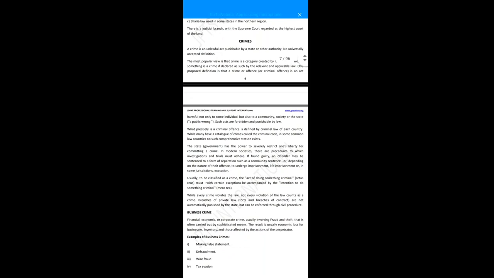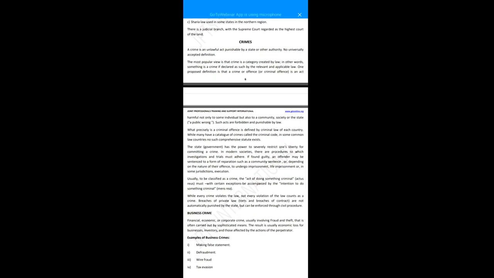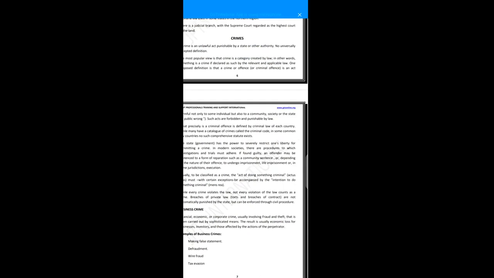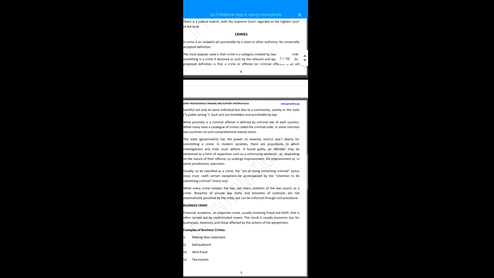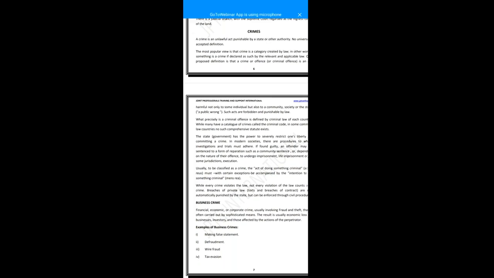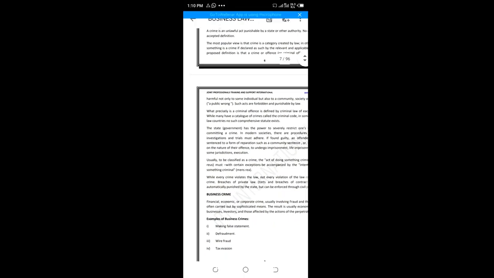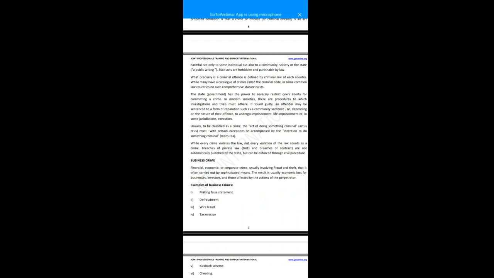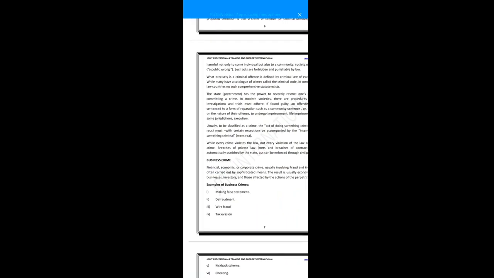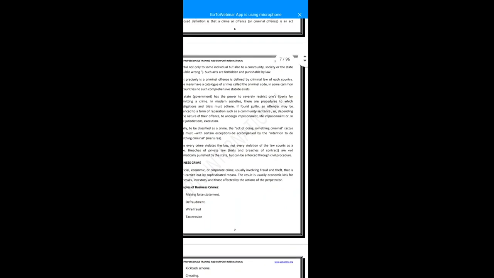Usually, to be classified as a crime, the act of doing something criminal must be accompanied by the intention to do something criminal. Now, while every crime violates the law, not every violation of the law counts as a crime. Breaches of private law are not automatically punishable by the state, but can be enforced through civil procedures.